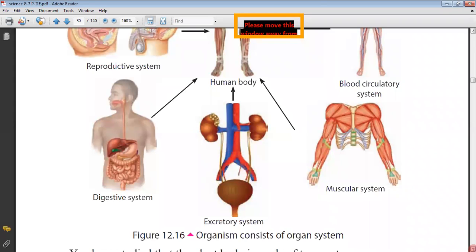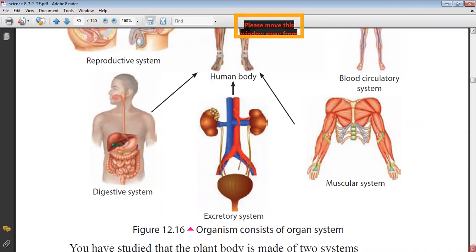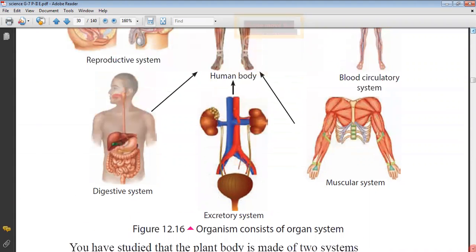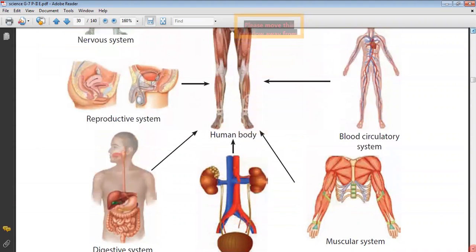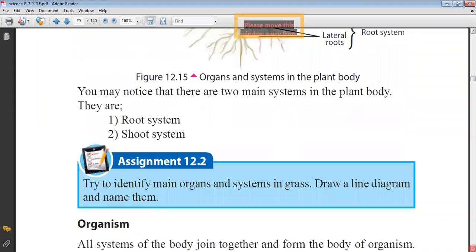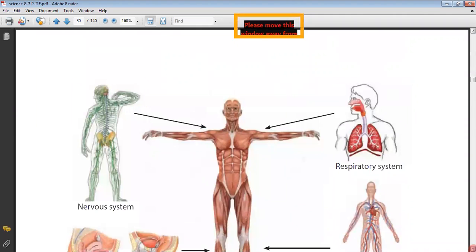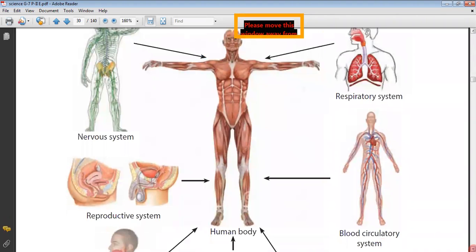You may have to remember all these systems in the human body and also in the plant body. You have studied that the plant body is made of two systems, the root system and the shoot system. These combine to form the plant. In humans, the excretory system, the muscular system, the digestive system, the reproductive system, the respiratory system, the nervous system, and the blood circulatory system comprise the human body.